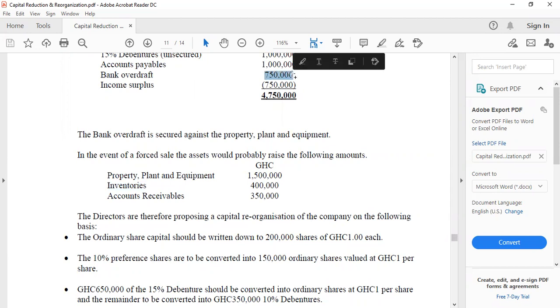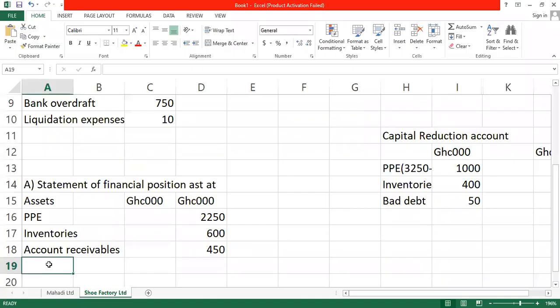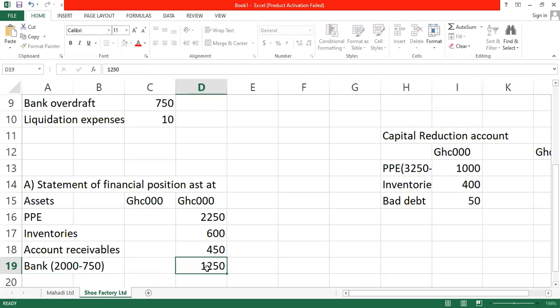We are owing the bank 750. So what will be the amount left in our bank account if we receive the 2 million? It will be 2,000 minus 750. How much will be left? 1,250. I hope we are okay with that one. We are done with the assets.